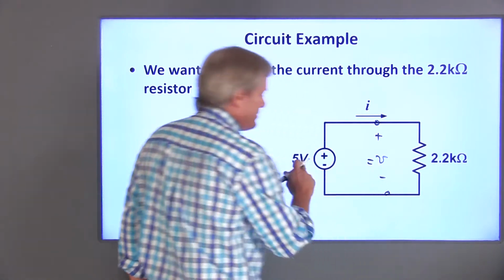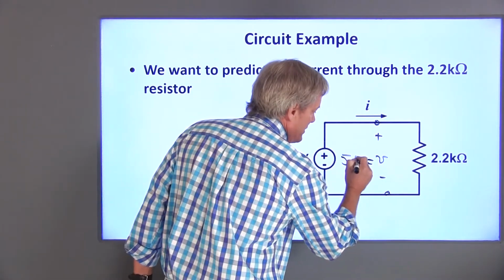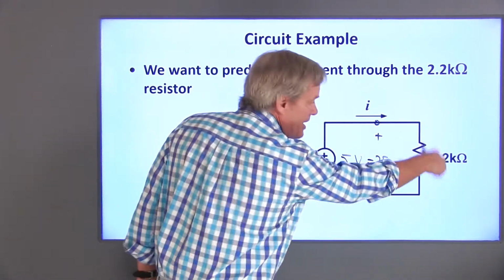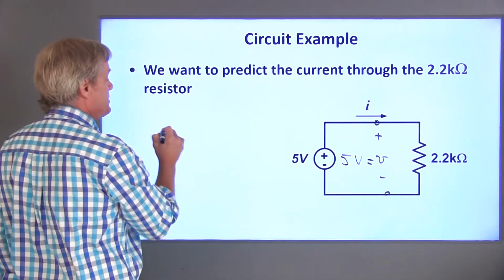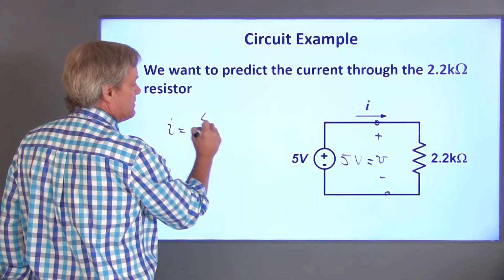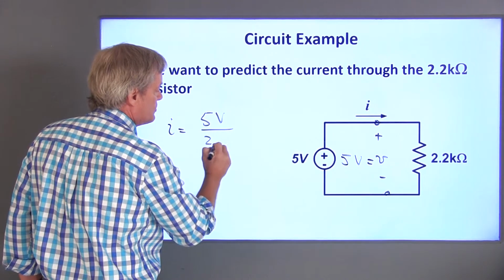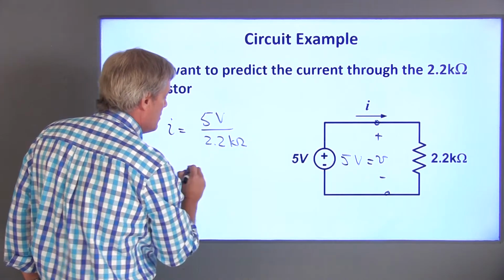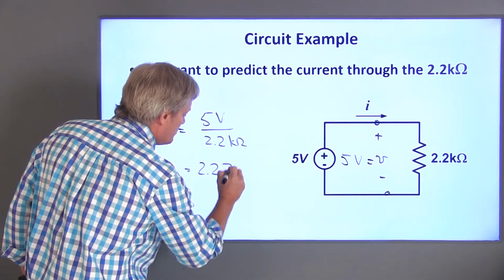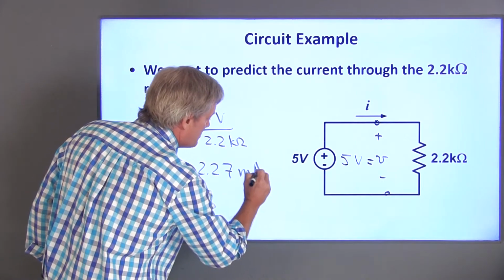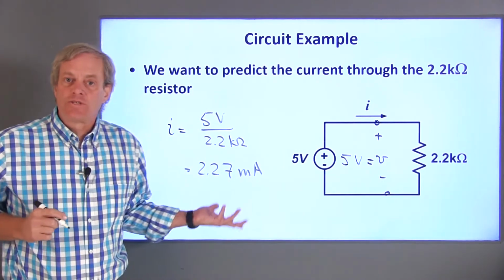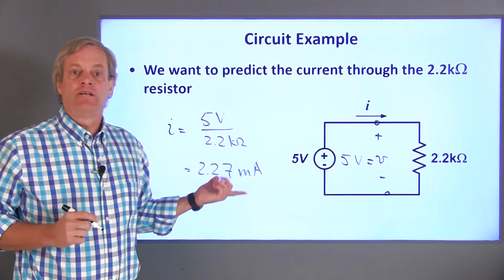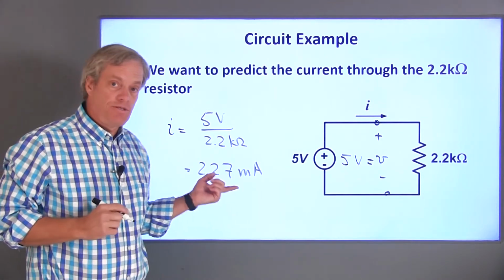This voltage, since this 5-volt source is applied here, is just 5 volts. Now applying Ohm's law to the resistor, we get I is the voltage, 5 volts over 2.2 kilo ohms, which is about 2.27 milliamps. Now let's construct this circuit, measure the current, and compare the measurement to our expectations.